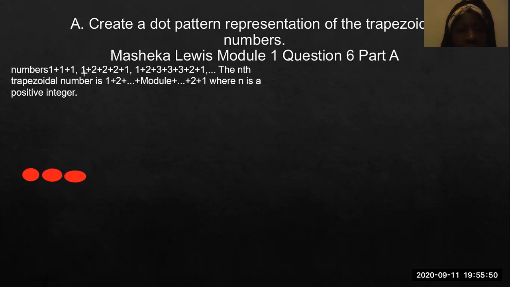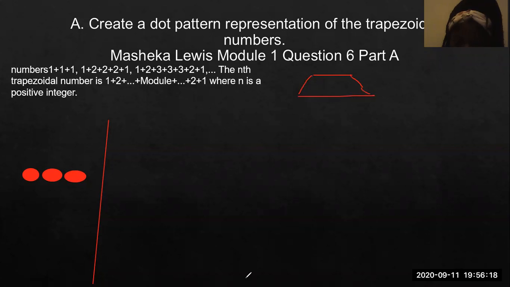So we're going to try and create this. How I'll do this is, we're looking for a trapezoid shape basically. So let's have this line right there. We know what a trapezoid shape is, so let me draw it again. The top is smaller than the bottom basically. With this in mind, we have 1, 2, 2, 2, 1.